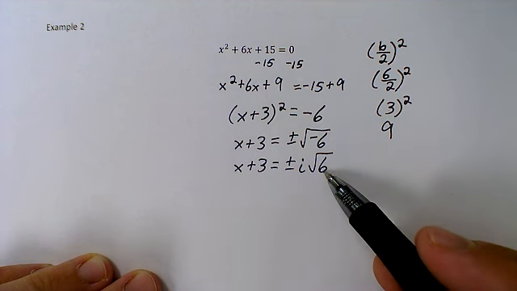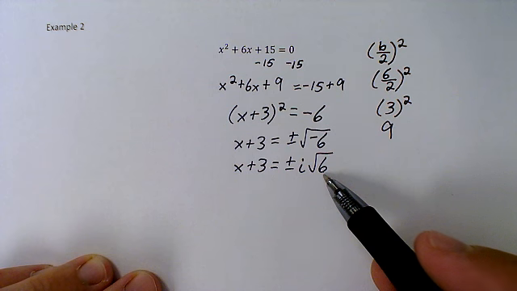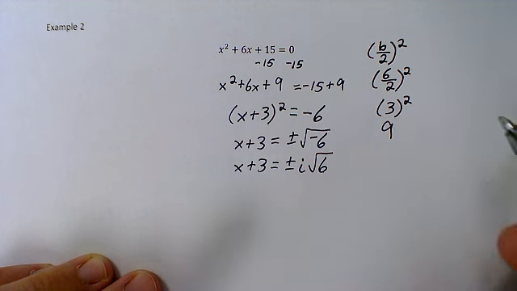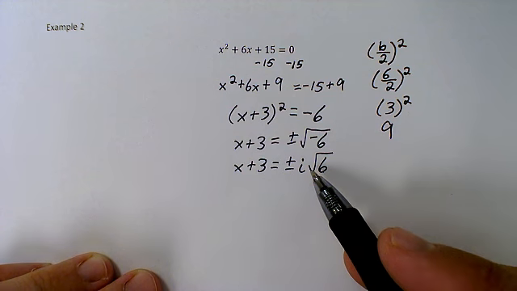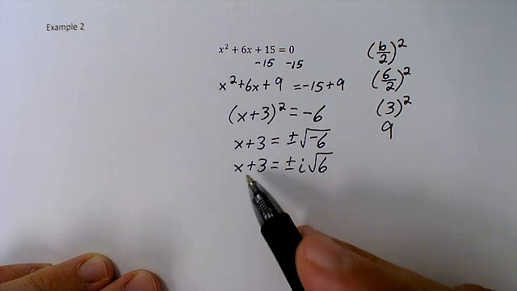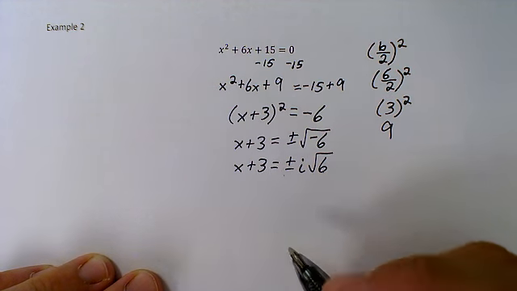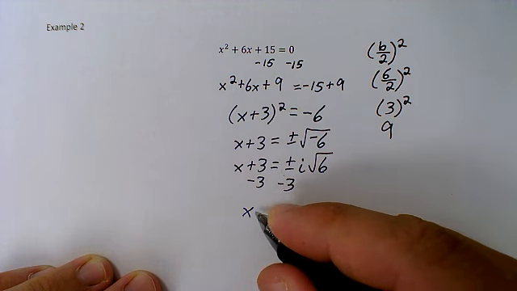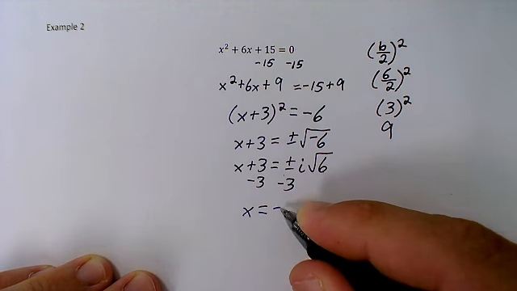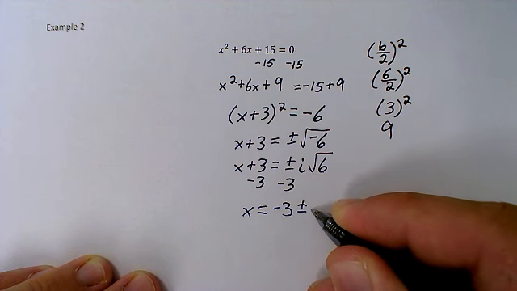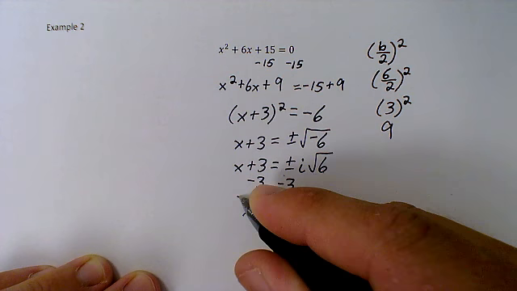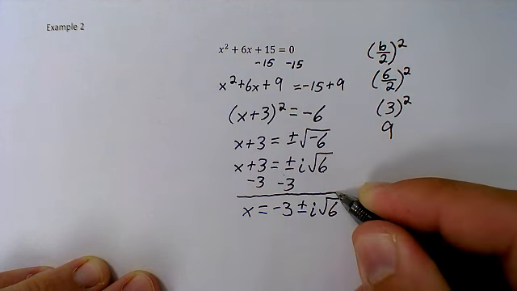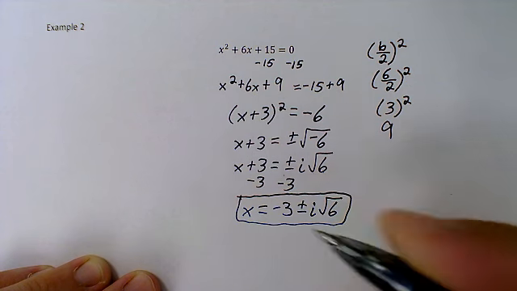However, 6 has no perfect square that will divide into it. 4 won't divide into it, nor will any others that will help simplify it. So I'm going to leave it as is. This is actually simplified. My last step is to subtract the 3 from both sides to solve for x. So x will equal negative 3 plus or minus i root 6.